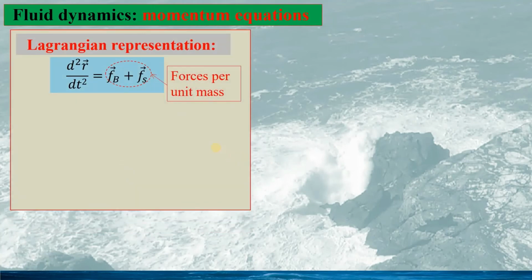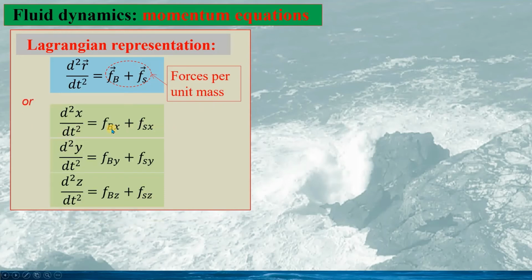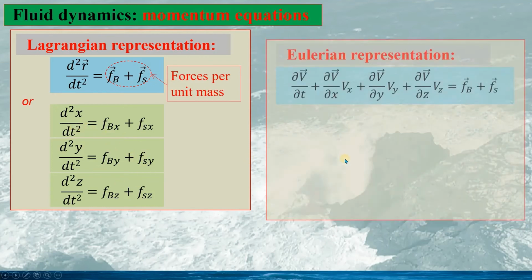Here we compare the dynamics, the momentum equations, in the Lagrangian representation and the Eulerian representation. In the Lagrangian representation, the dynamic equation would be given as this. Here, the force vectors Fb and Fs would be the forces per unit mass. And if we write the equation for the component, we could have the equation as this.